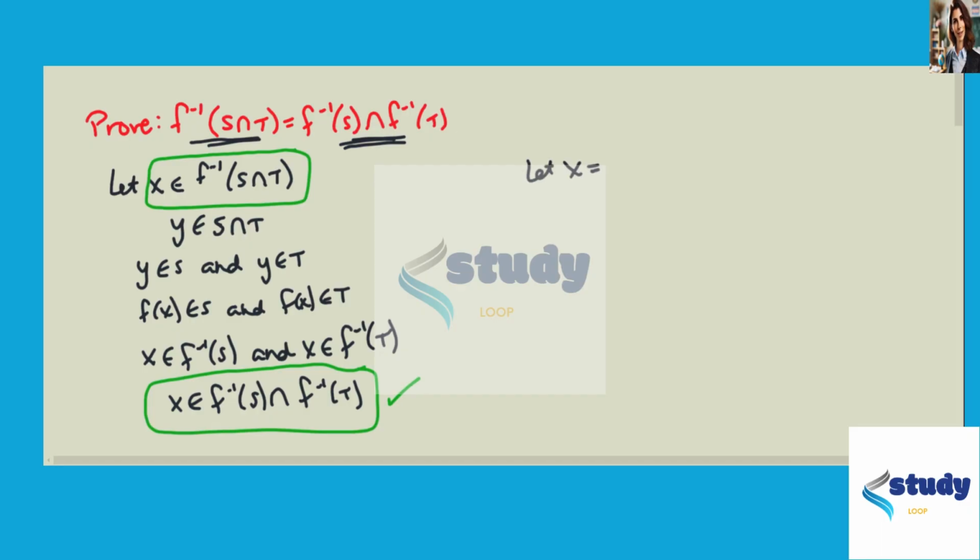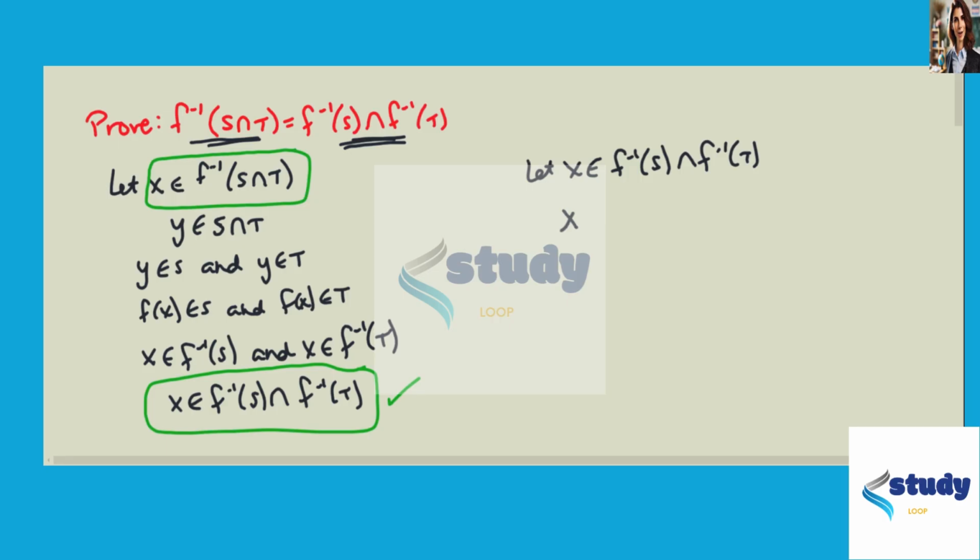Let's let x be an element of the right-hand side. Okay, and let's make that so we can tell what that is. I'm sorry, I don't want to put x in quite yet. I want to break this into pieces first.